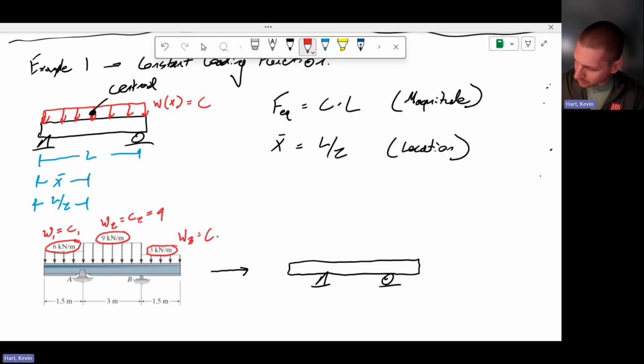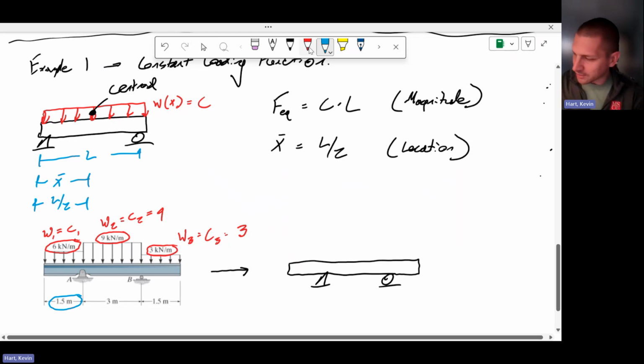This is, let's call it C3, which is 3 kilonewtons per meter. I'll just label it as 3. So we're going to look at each of these individually and replace each of them individually with their own individual equivalent force. Okay, so for the first distribution, this acts over 1.5 meters, and it's 6 kilonewtons per meter. So our equivalent force is going to be located in the center of this distribution. So maybe we call this F_EQ number 1.